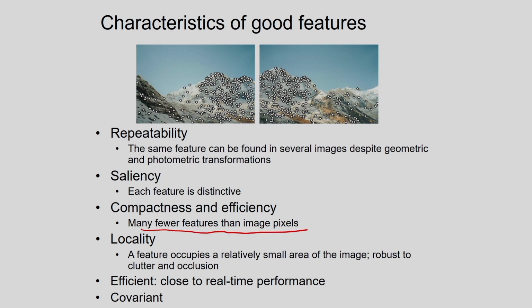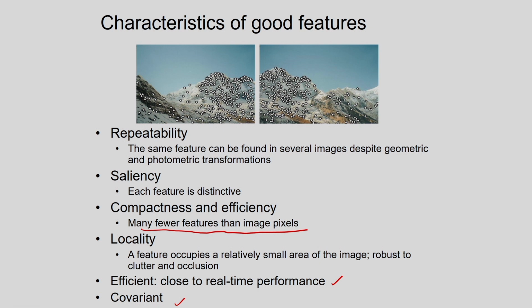Another point is locality. Locality means it should be robust to clutter and occlusion, and it should also be efficient for real time implementation, so it should be computationally efficient. The concept of covariance I will be discussing in my next slides. That is also very important.